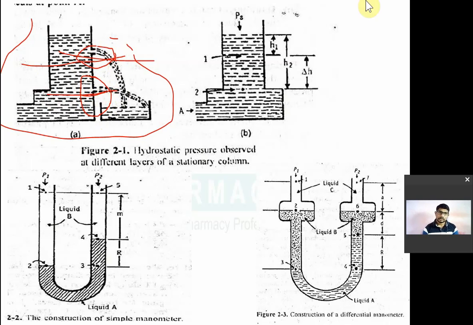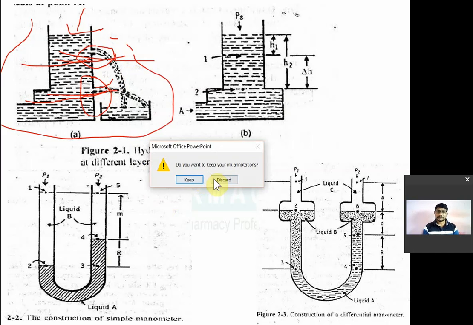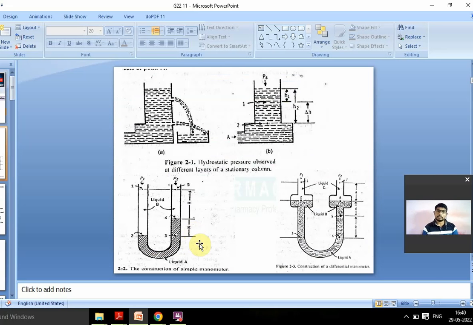Because atmospheric pressure is there at this point. At this point the pressure is less, and at this point the pressure is more. So that's why the liquid coming out from point number two is under pressure. There is a difference in the pressure at both points.